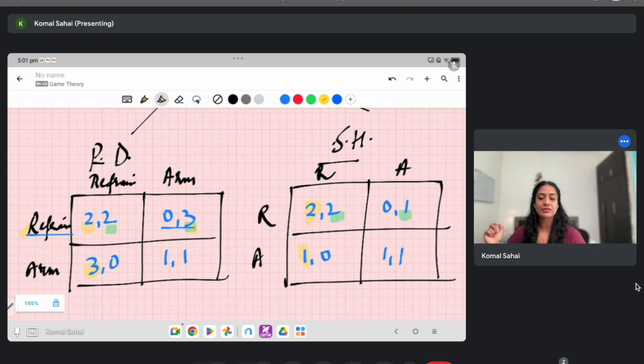But if the distrust is low, right, if there is more trust in the system, then अगर सामने वाला रेफ्रेन कर रहा है तो तुम आर्म करके तुम्हारा पे ऑफ उतना नहीं होगा जितना कोऑर्डिनेट करके रिफ्रेन करके होगा. So it can be, if the countries are US and Russia, if the countries are North Korea and anyone else, right, then probably we are in the prisoner's dilemma setup.